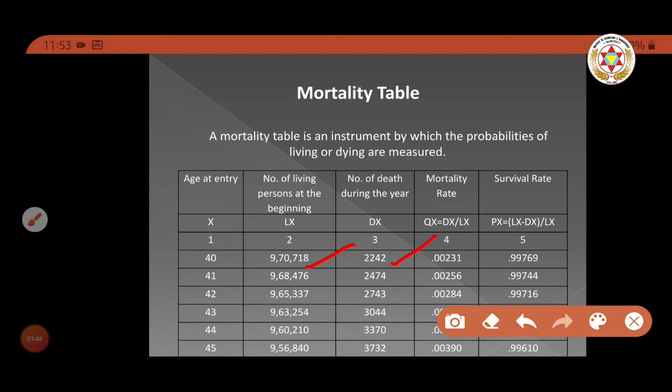I just calculated it through a calculator: 970718 minus 2242 comes to 968476. It means the death is 2242 and the survival is 9,68,476.